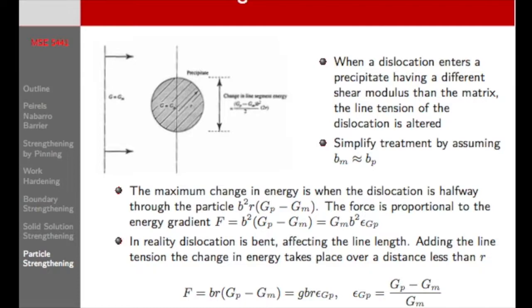And in the other sense, if we get over the other effects, it's going to want to come in because it will reduce its energy, but then we have to work to get it out. Because once we're at the halfway point, now as we pull, we're increasing the energy of that dislocation.